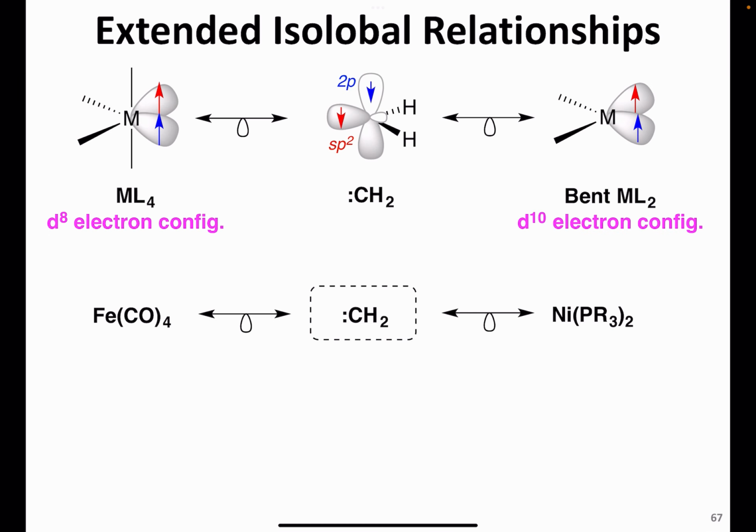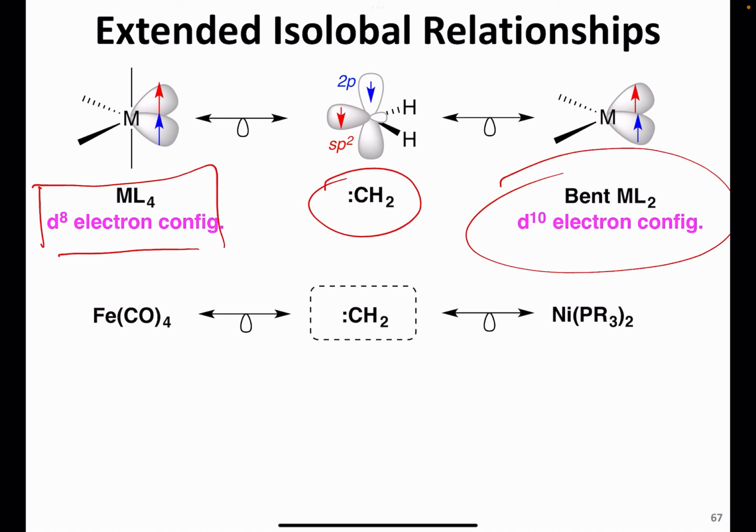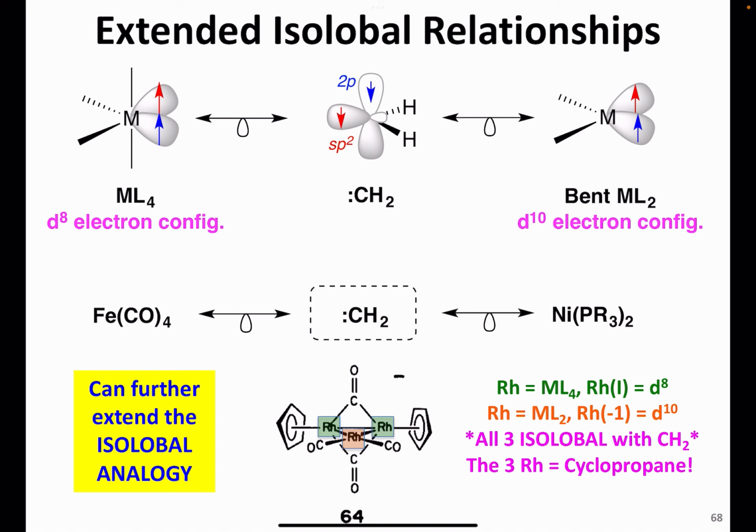The ML4 d8 configuration is isolobal with a carbene, which is isolobal with a d10 bent ML2 fragment. So this iron tetracarbonyl is isolobal with a carbene, which is isolobal with a bent nickel(0) fragment, which is d10.